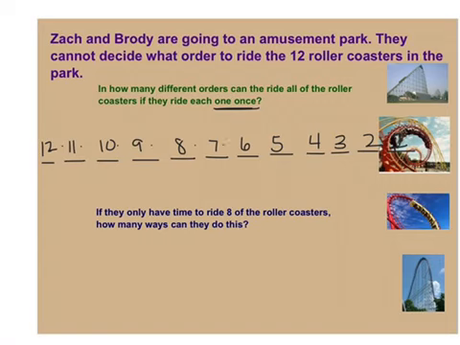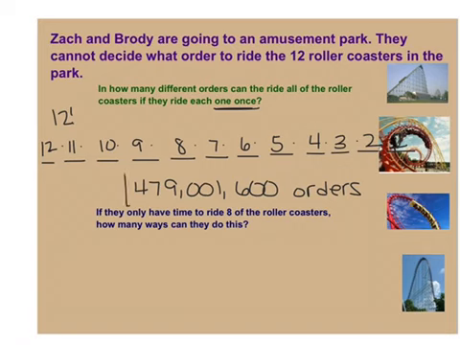So basically for this first one here, I have a 12 factorial situation going on. Plug all that in. There are so many ways we can ride these rides. We have 479,001,600 different orders or ways that we can ride these 12 different roller coasters.